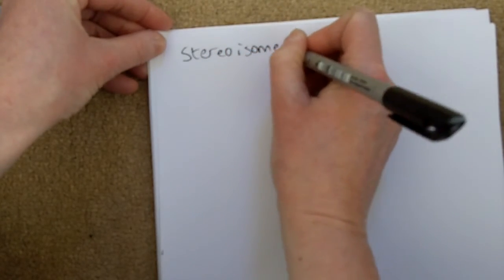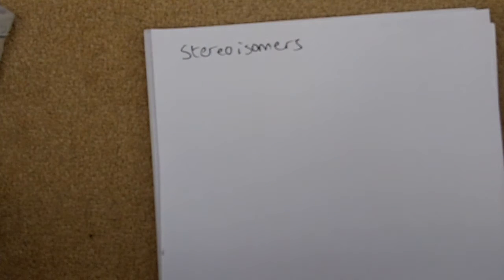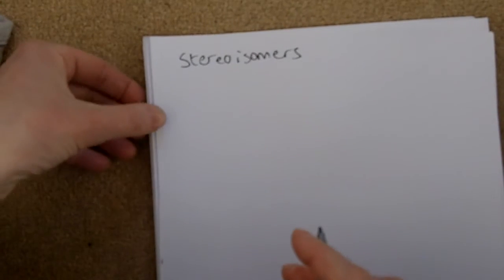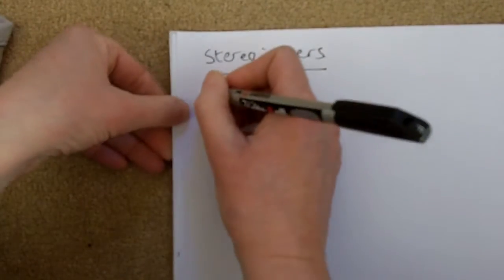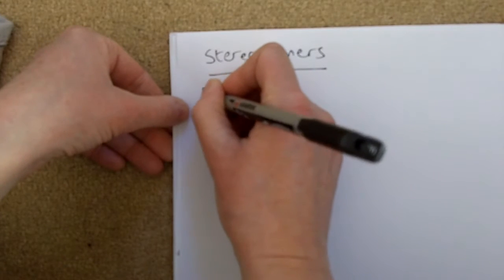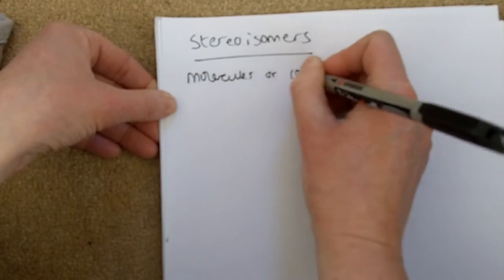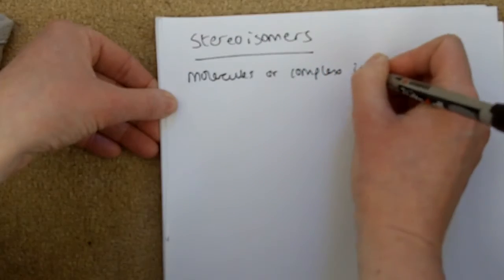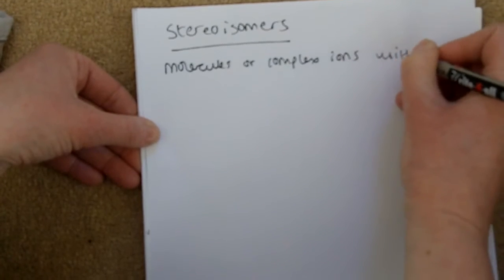It's just the same in inorganic chemistry as well. Stereoisomers are molecules or complex ions with the same structural formula, but with a different spatial arrangement of the atoms in space.